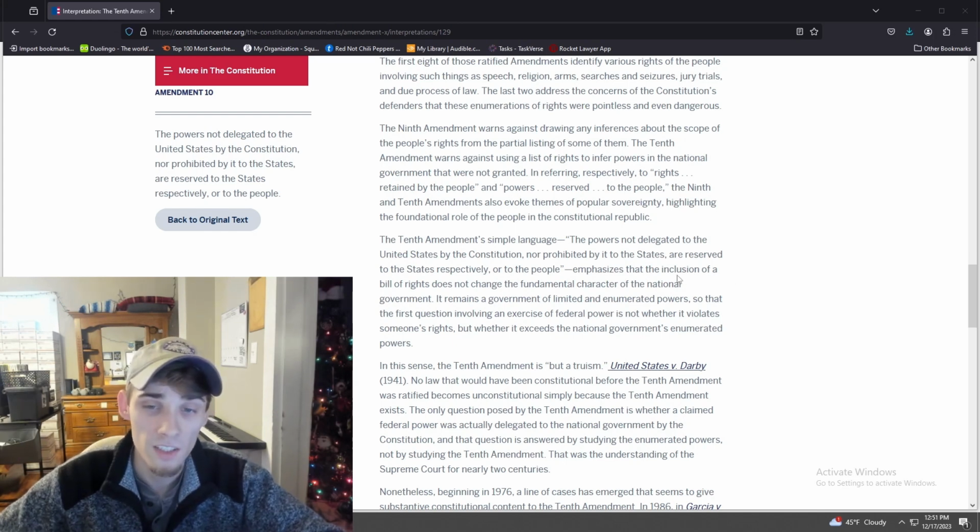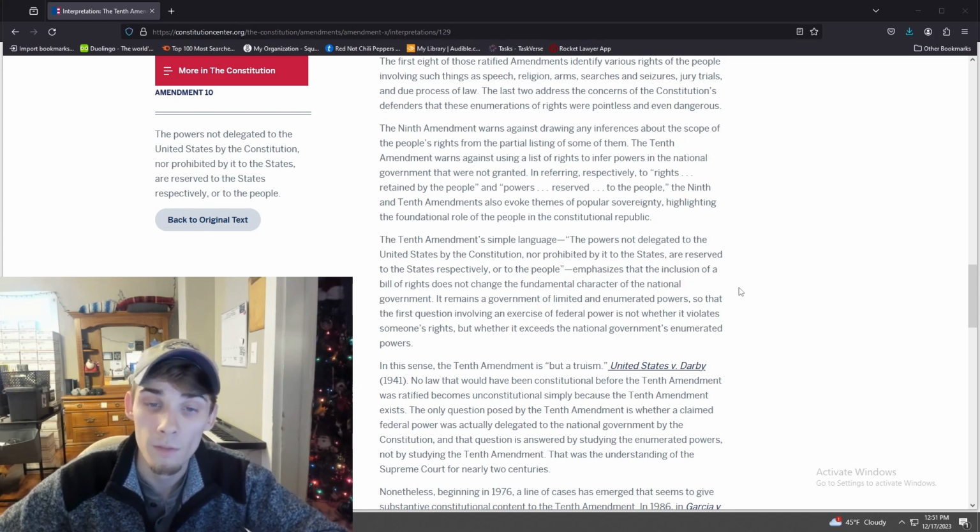This emphasizes that the inclusion of a Bill of Rights does not change the fundamental character of the national government. It remains a government of limited and enumerated powers, so that the first question involving an exercise of federal power is not whether it violates someone's rights, but whether it exceeds the national government's enumerated powers.